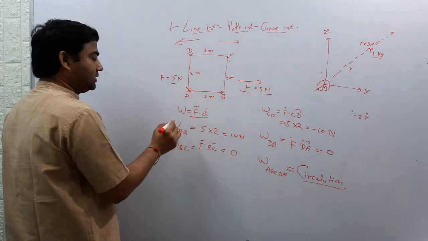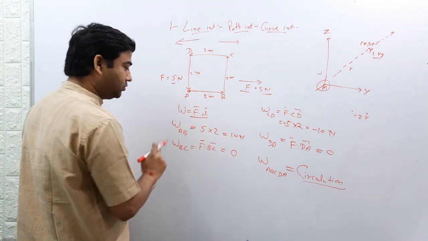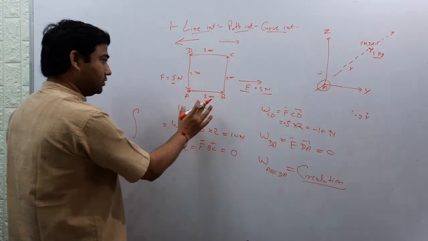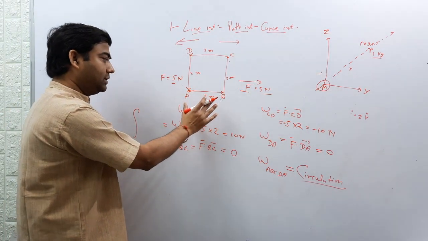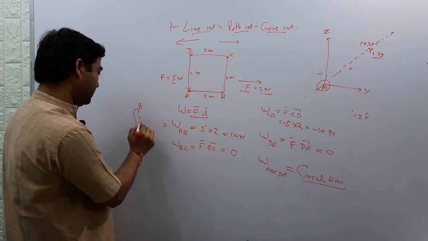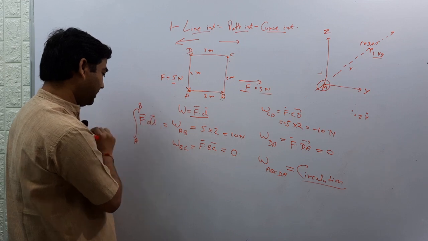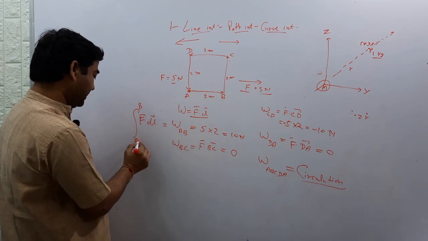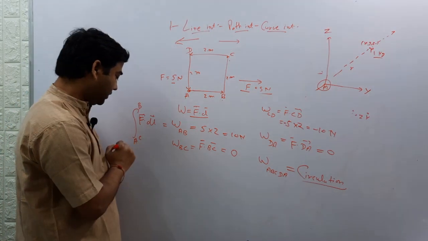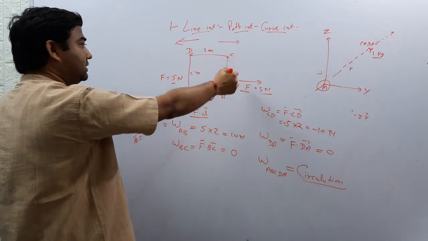We have discussed the work done for AB, 10 Newton. This can also be written as an integration, though we don't require integration here, but for the purpose of representation: integral from A to B of F dot dl, and here C is written because it is a line integration over a curve, C for curve.